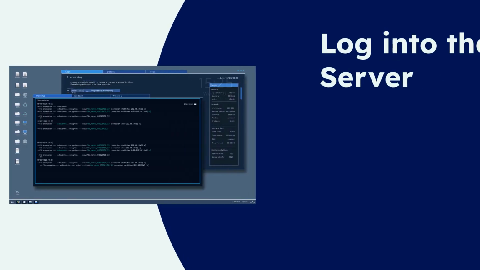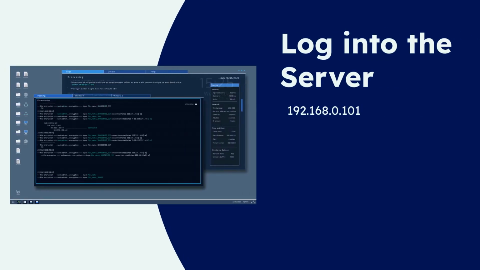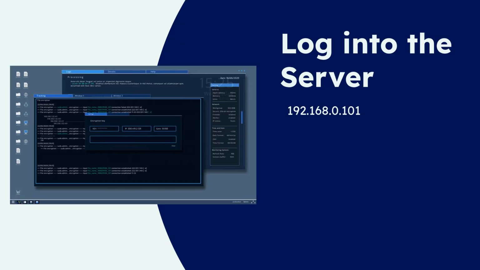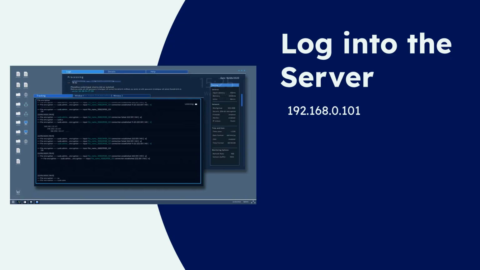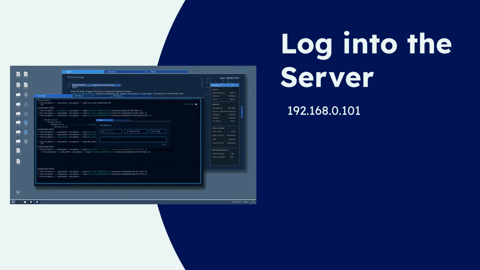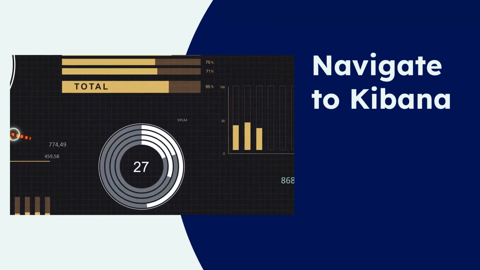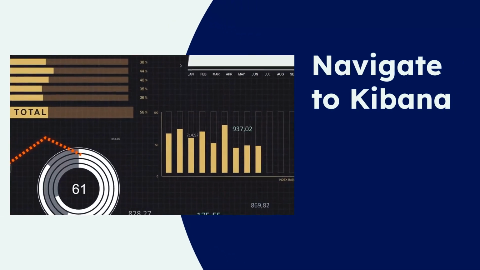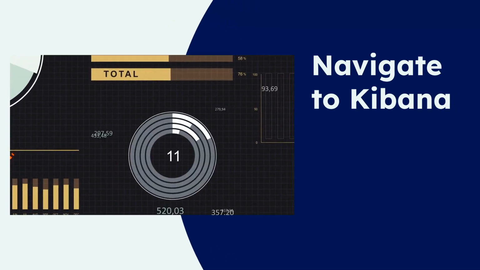You need to log into the Security Onion server at the IP address 192.168.0.101. Use the provided credentials to gain access. Once logged in, navigate directly to Kibana. This powerful visualization tool will be where you start your investigation.